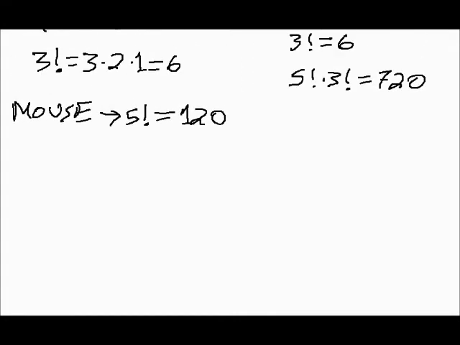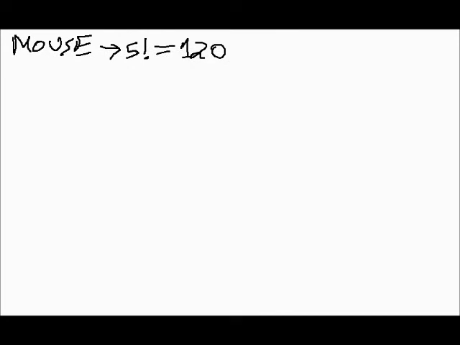If you wanted to figure out how many arrangements of letters there are in the word mouse, well, because there are 5 distinct letters, 1, 2, 3, 4, 5, there are 5 factorial ways of rearranging those letters, which, as you know, is 120, which is what we did right back up here. Okay, 5 factorial is 120. Now, if you don't believe me, go ahead and rearrange all those letters, and then come back, and all you're going to get is 120.